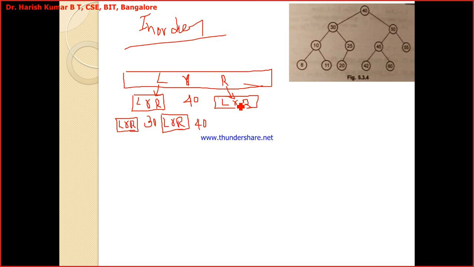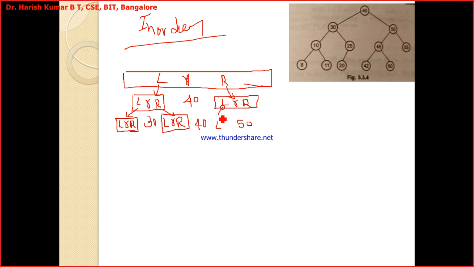Okay. What is the root node for the right subtree of 40? 50. Write 50. And check whether 50 has got the left subtree. Yes, sir. Now again, this L is expanded like this here, and this R is expanded like this here.